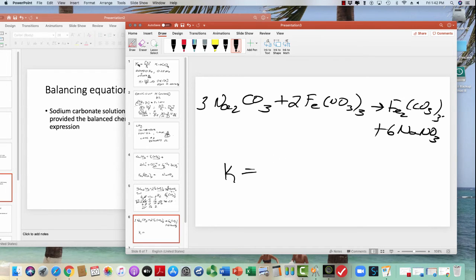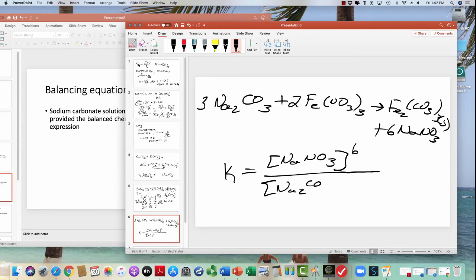Now remember, this is a solid, so this will not be involved in the equilibrium expression. So what we have is NaNO3, that's raised to the 6, over Na2CO3, that's raised to the cube, times Fe(NO3)3, and that is raised to the 2nd.